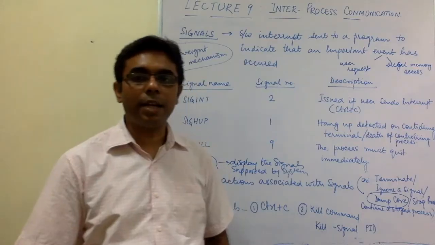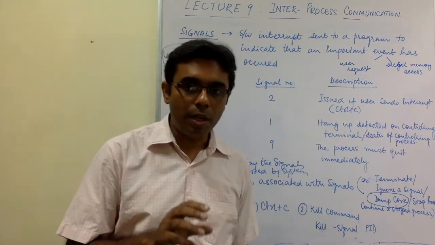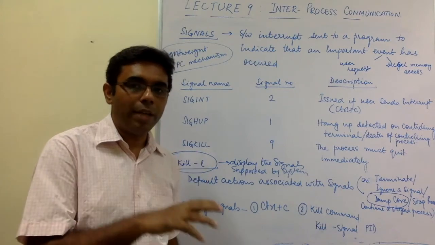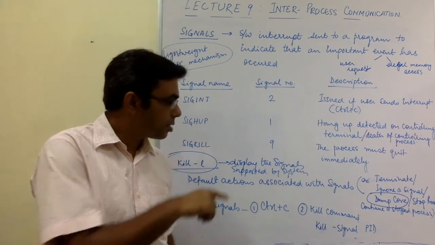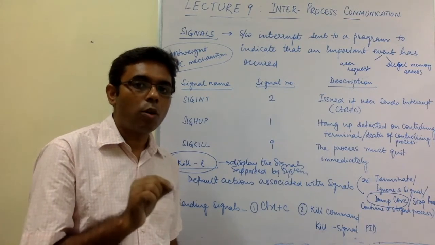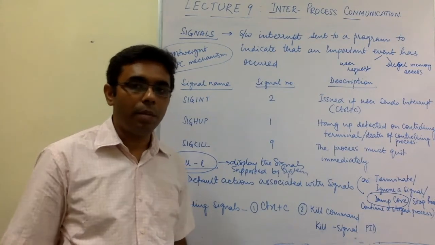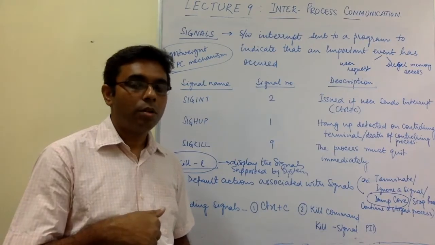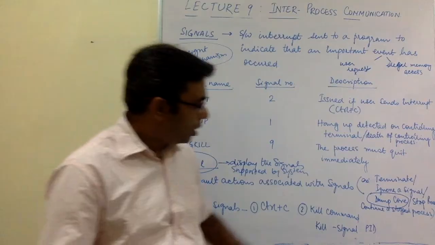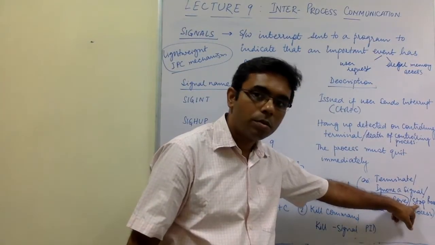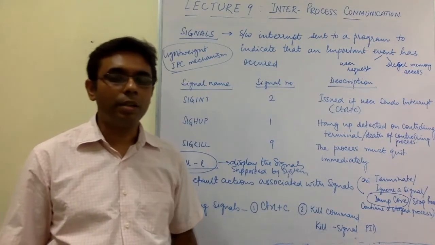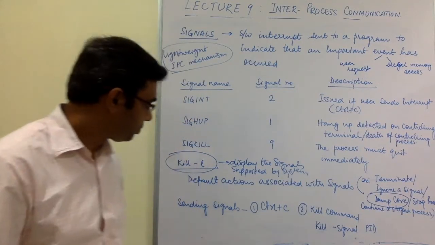So you would like the memory image of that particular process to be stored in some file. Then we can stop a process, or we can continue a stopped process. So all these can be done through signals.